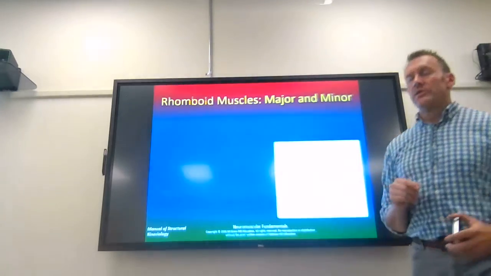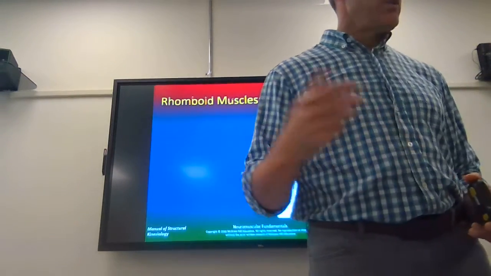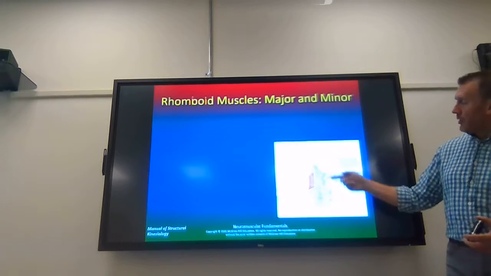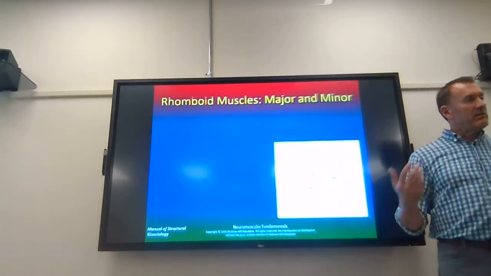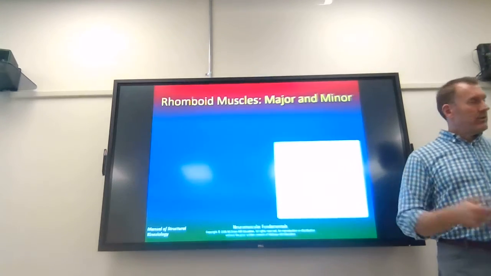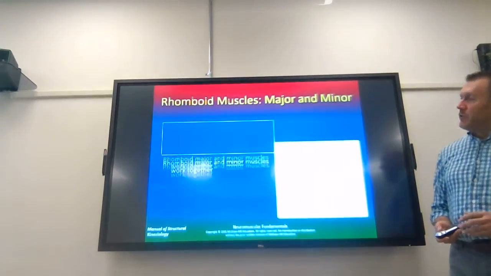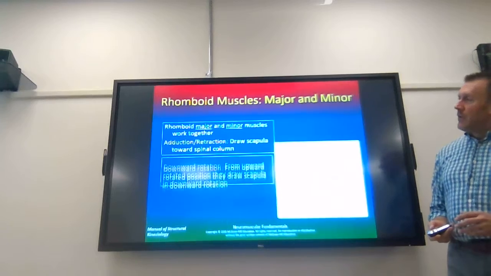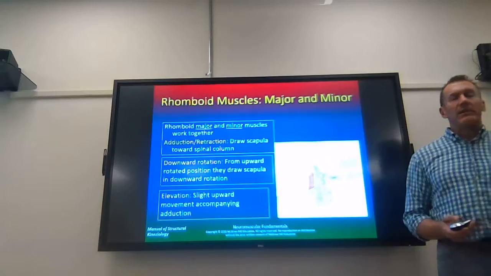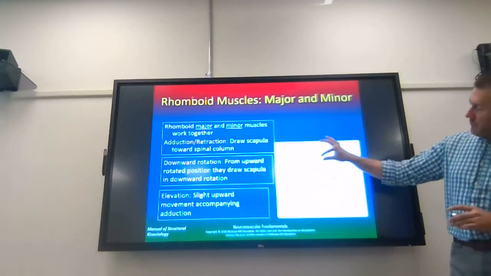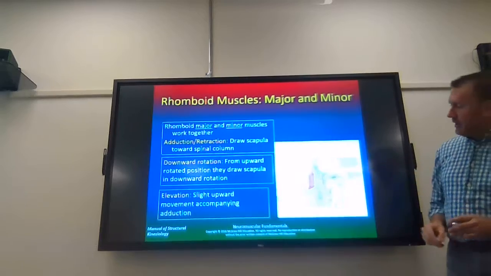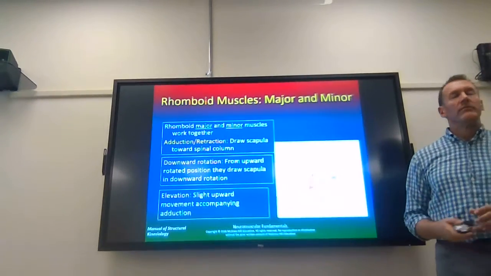So the insertion point has got to be somewhere on the shoulder girdle, because that's what moves. So you're going to have the medial border of the scapula here. So elevation, adduction or retraction, downward rotation, all of these movements would be part of rhomboids. Courtney asked a good question. You would just lump the function of the minor, which is on top, and the major underneath. They would be similar.